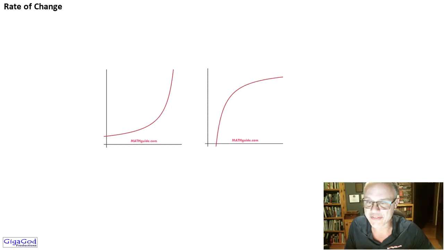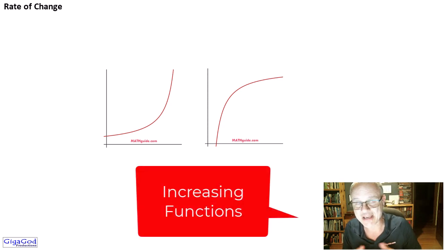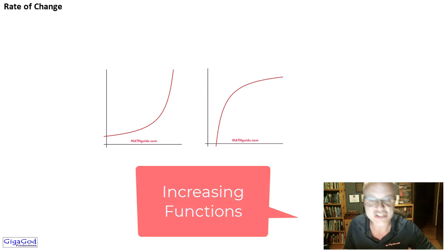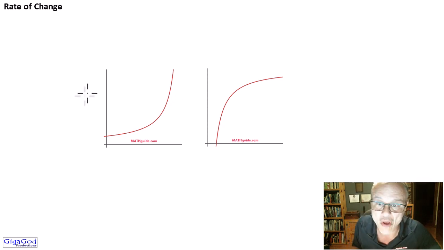So let's take a look at these two graphs. These graphs both show increasing functions. They're increasing because as you're reading these graphs from left to right, they're going up. All right, so they're both increasing, but let's start talking about the slopes of various spots along the curve.